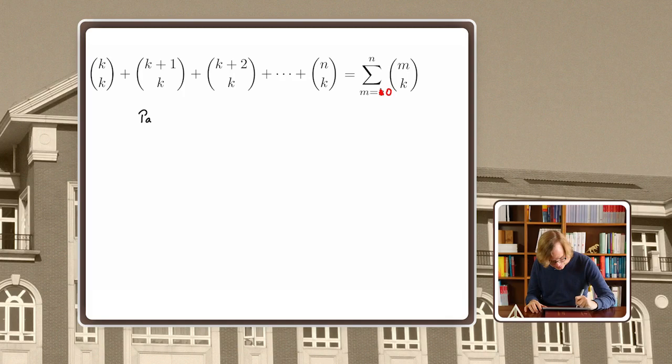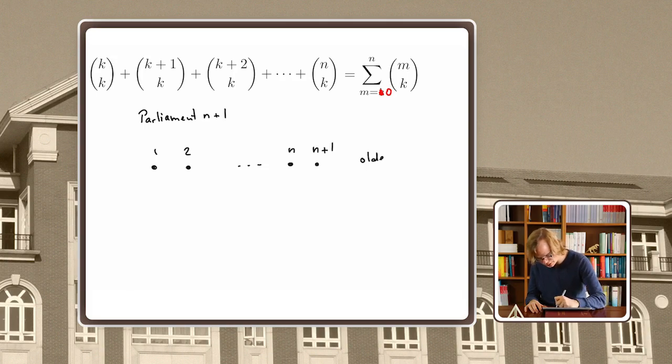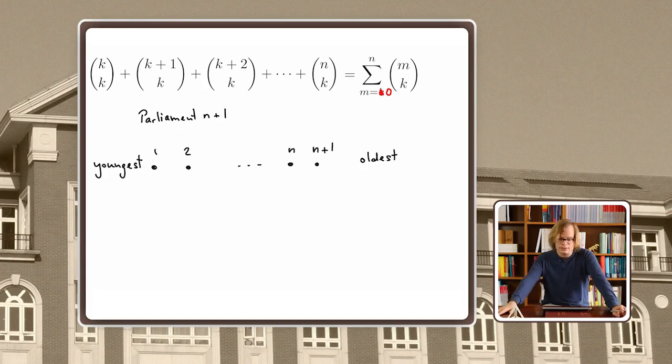Again, you take your parliament, but now you say it has size n plus 1. And you order your members of parliament from youngest to oldest. Okay, so now what is our combinatorial interpretation of the sum we have up there?